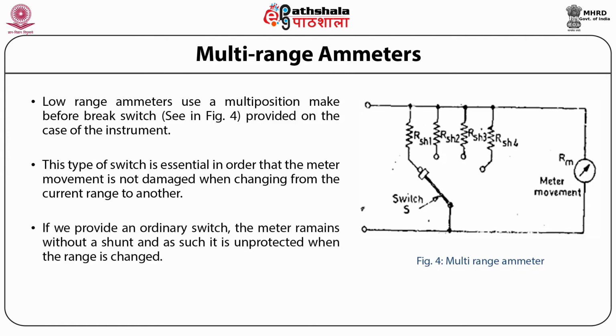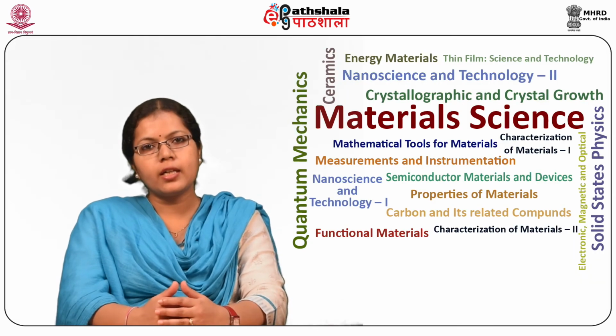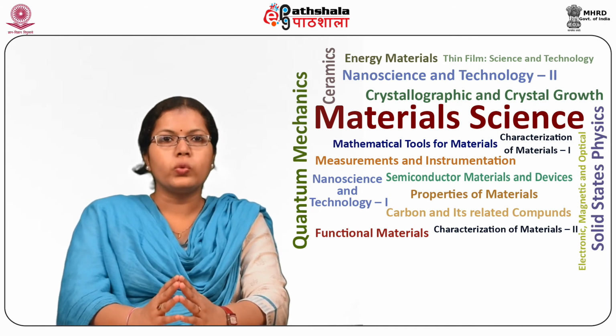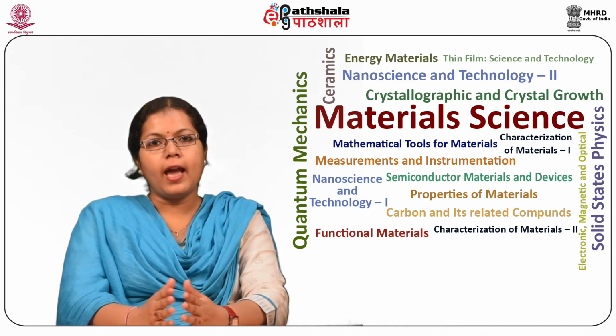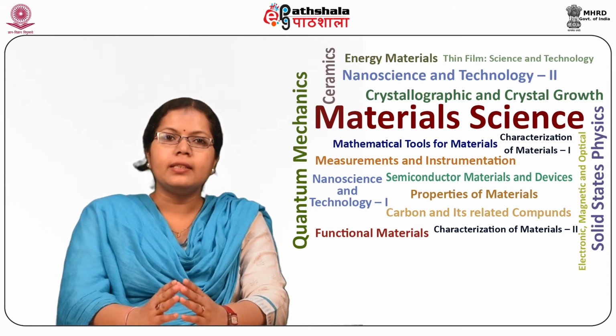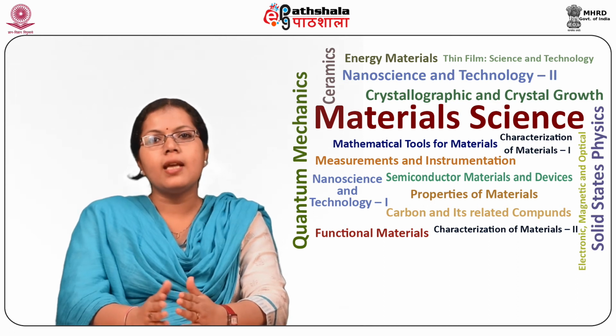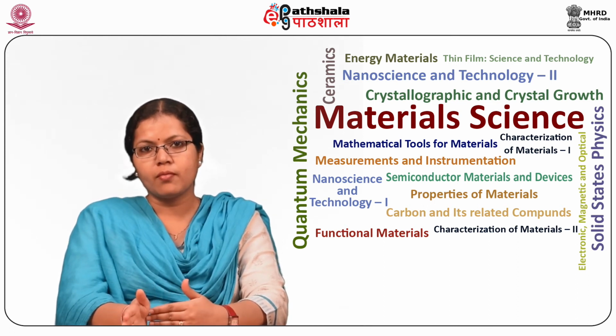If we provide an ordinary switch, the meter remains without a shunt, and as such it is unprotected when the range is changed. When larger currents are used, the connections are brought out to binding posts, and the loads are connected directly to the binding post, which is identified with the desired current range.